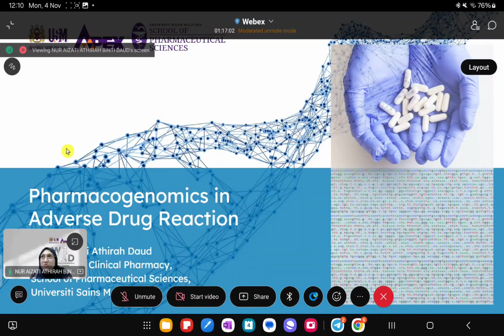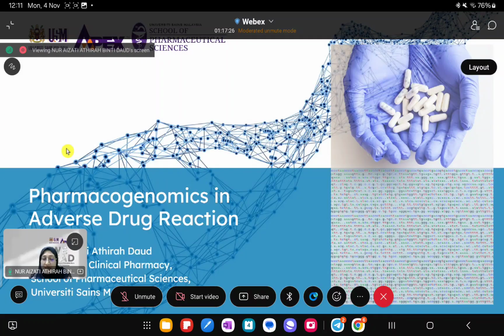So you can imagine, macam nak cakap, our role as a healthcare provider, healthcare professional, we put our patient first. So kalau lah kita tahu awal the patient is going to have that reaction, memang kita tak akan bagilah kan. But how are we going to know if we do not have the information? We don't have the way to know, okay?